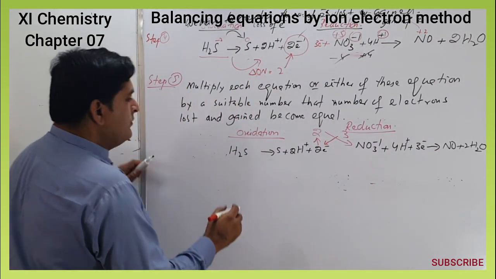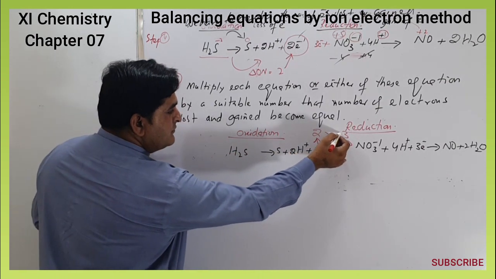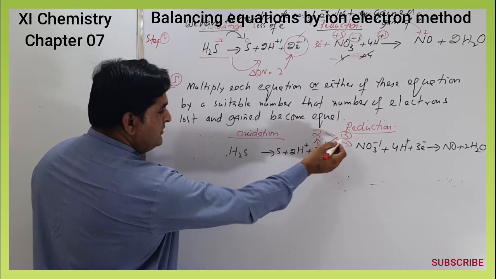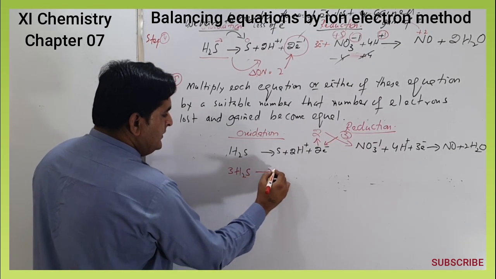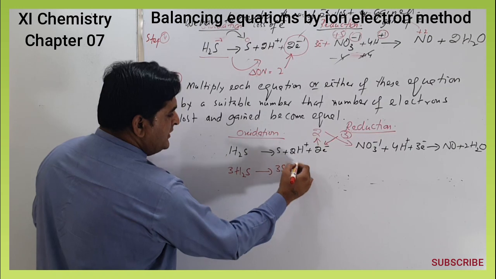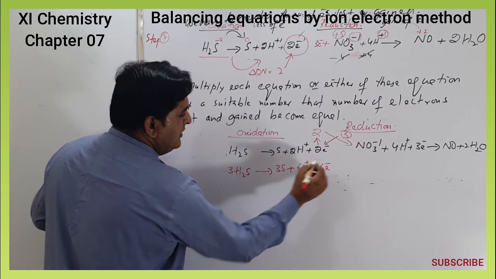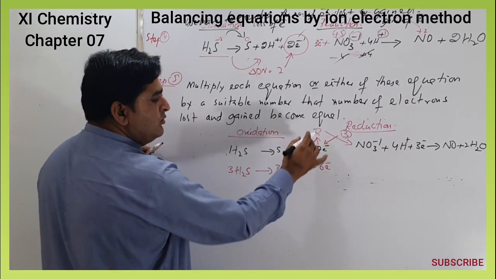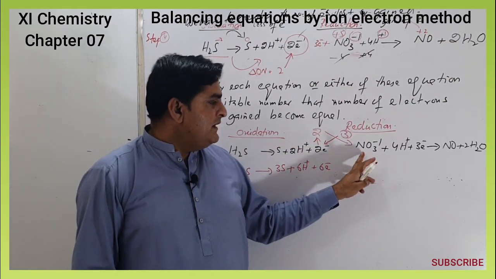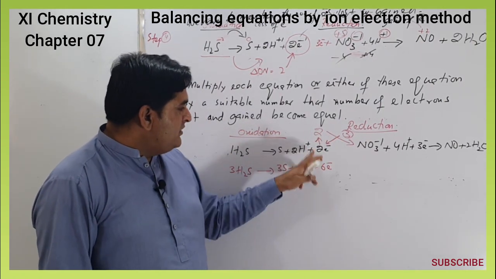With which number do we have to multiply the oxidation equation? It's 3. It becomes 3H2S, 3 sulfur, 6 hydrogen ions, and 6 electrons. With which number do we multiply the reduction equation? 2, as the number of electrons lost in the oxidation equation is 2.